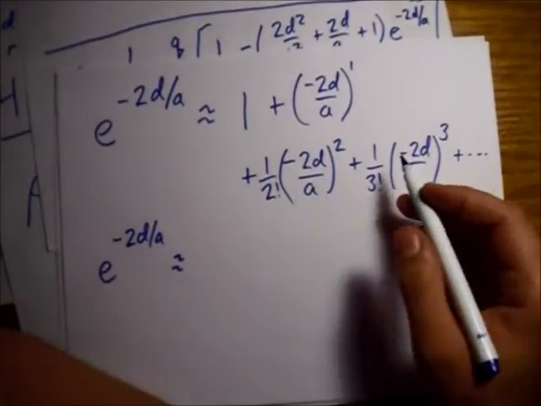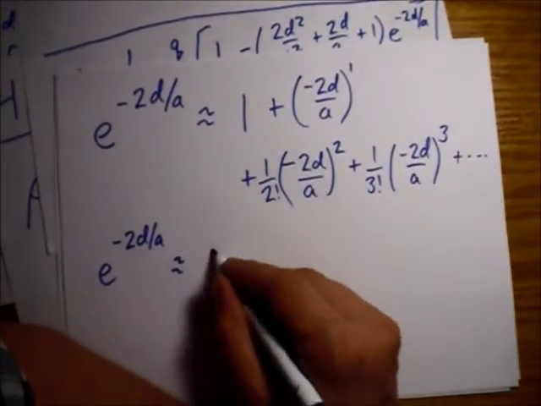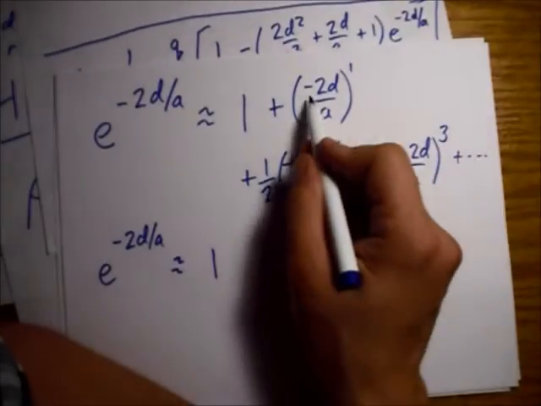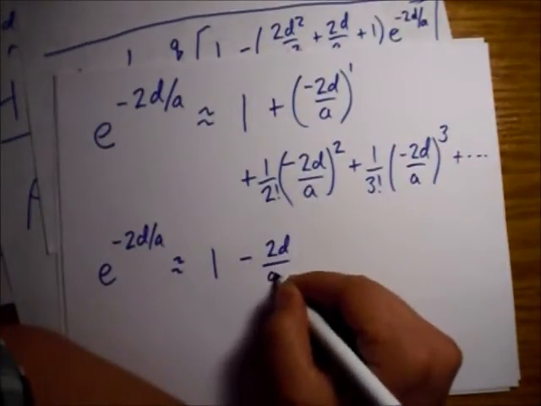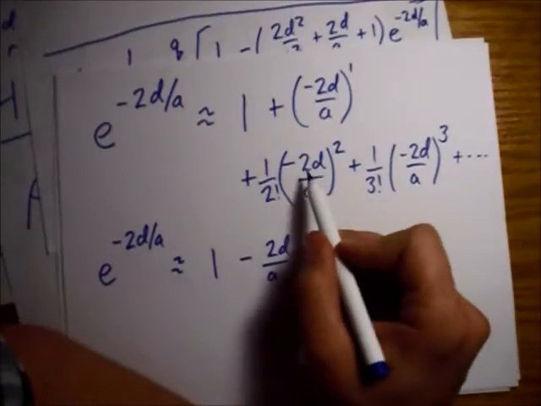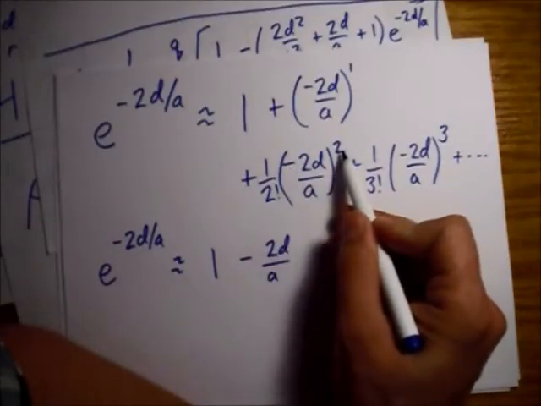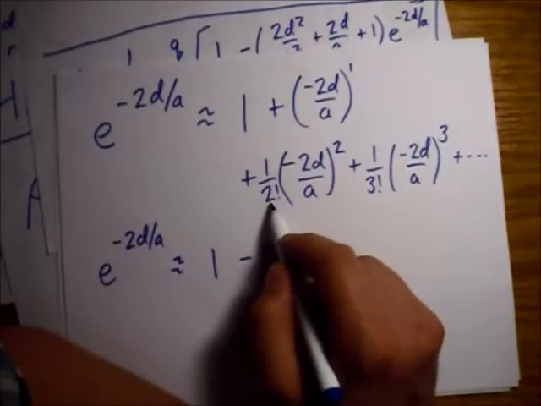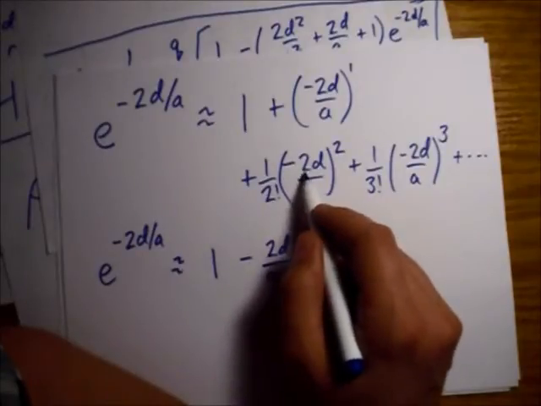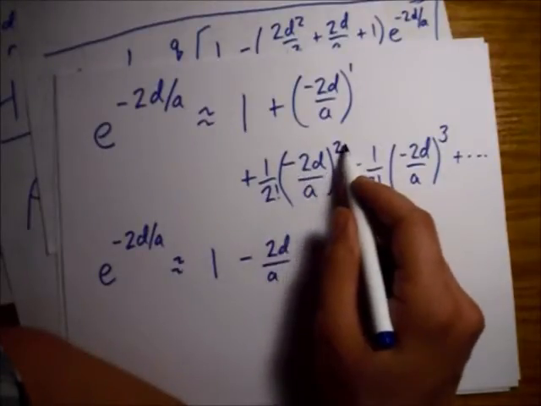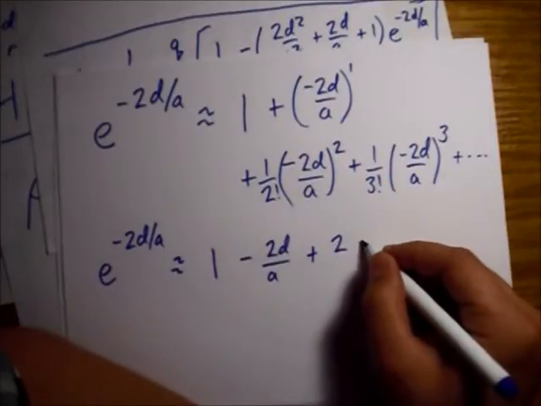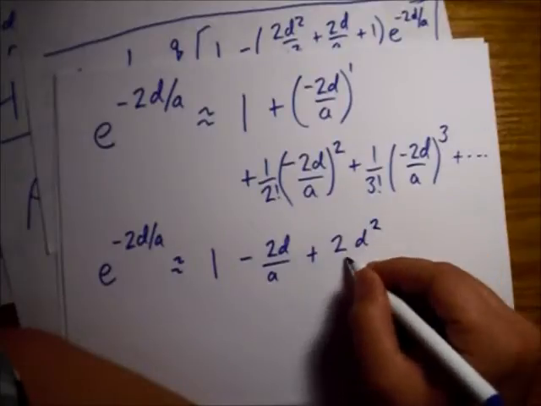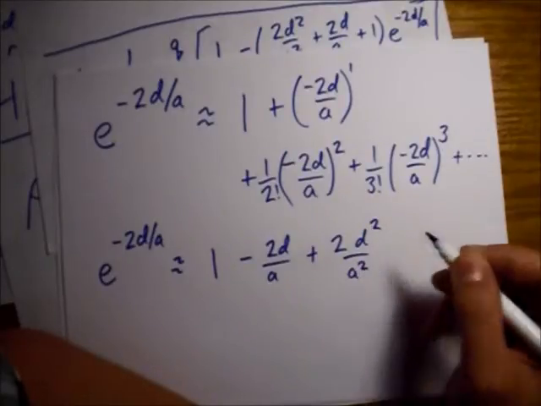Let's write them out properly. So we have a 1. This minus sign is going to stay, so minus 2d over a. And then this minus sign gets squared away, and then 2 factorial is just 2. That's going to divide out with one of these 2's, so we just have a plus 2d squared over a squared.